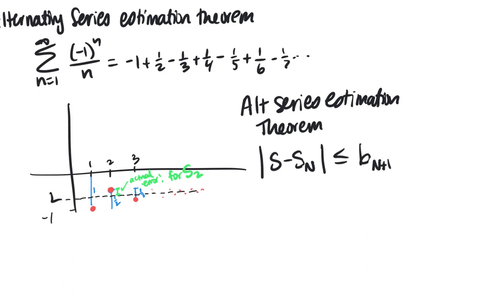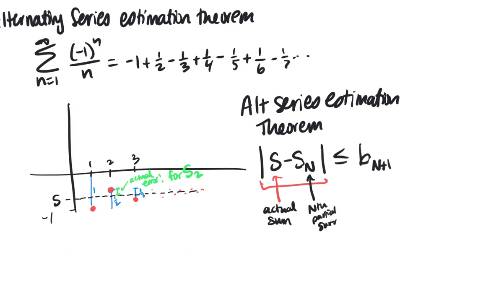And so what is this? Okay, so that S is the actual sum. I should have used an S over here. So this is the actual sum. If I were able to add up infinitely many of these guys, I would get that value S. Sn is the nth partial sum.